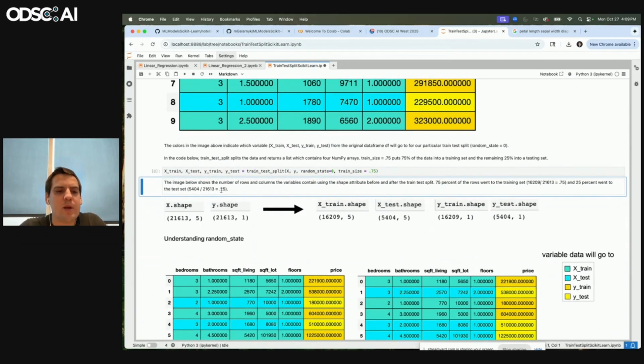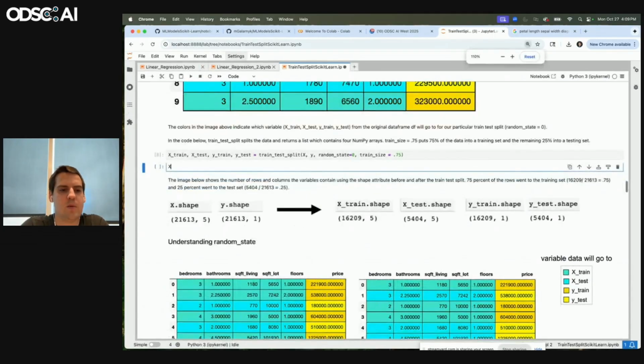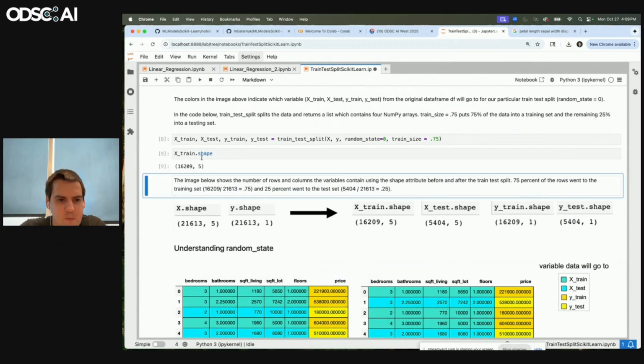And then if we're actually running the shape command on this, one thing you would notice, and let me make this a little bit bigger, as far as our X train, if we have 21,000 rows starting out with, and you multiply that by 0.75, you'll end up getting around 16,000.